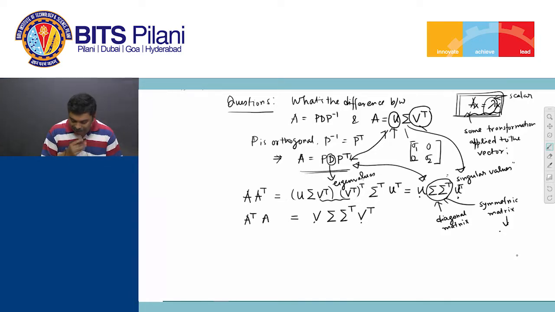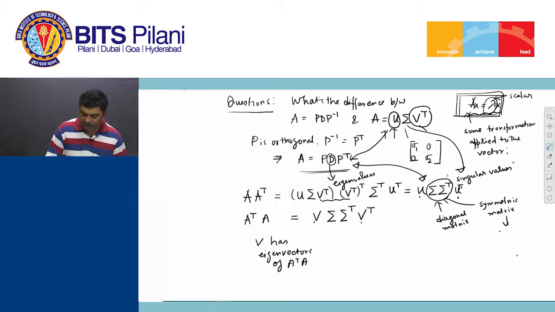Okay, so now if I have to compare, let's say, V and P, what does V have? V has eigenvectors of A transpose A, and what does P have?